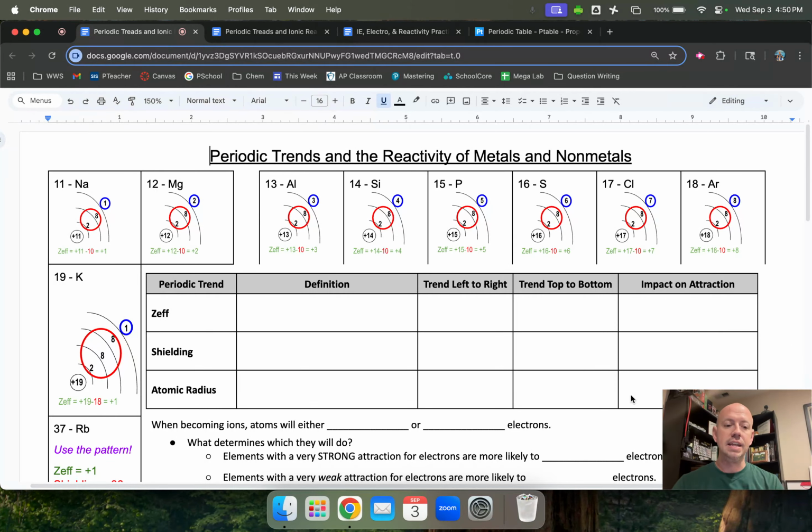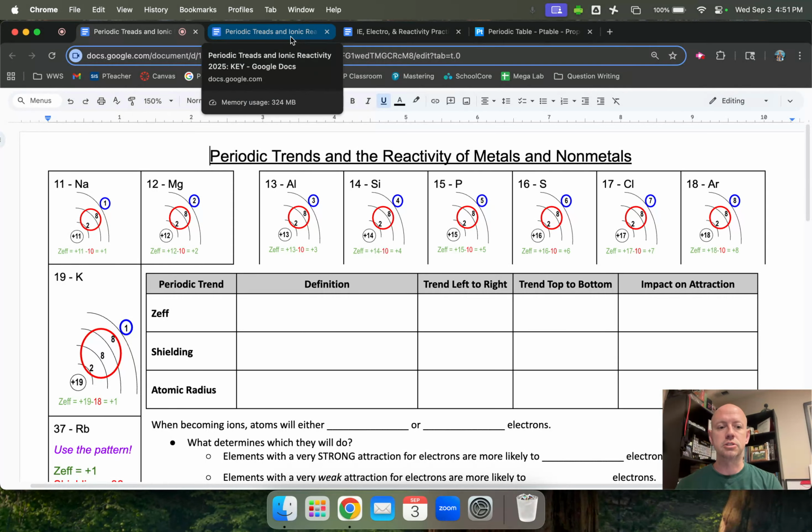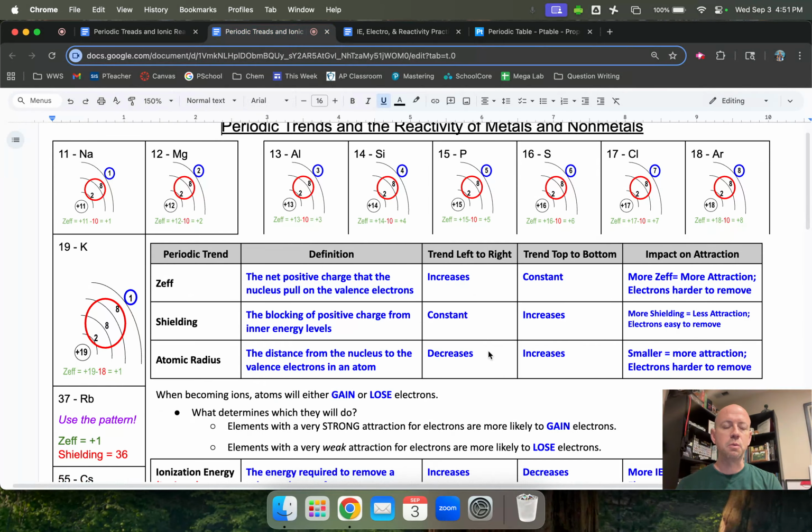So the radius is not really the thing causing the attraction, it's a result of it. When we have a strong attraction, when things are very close to one another, that's when we have a very small radius. And when they get a little bit further, we have a larger radius. So that's what we have right there.